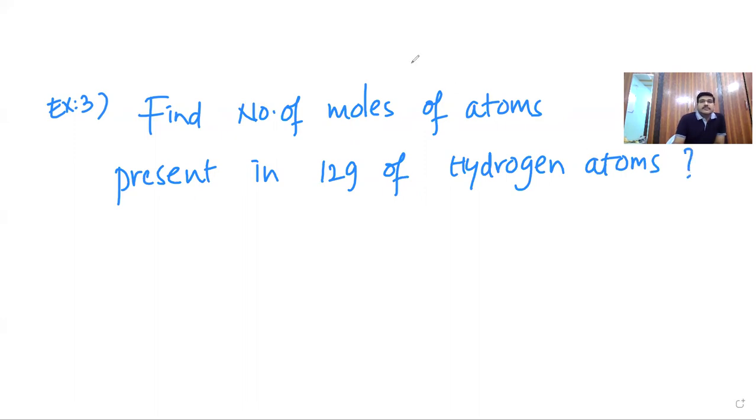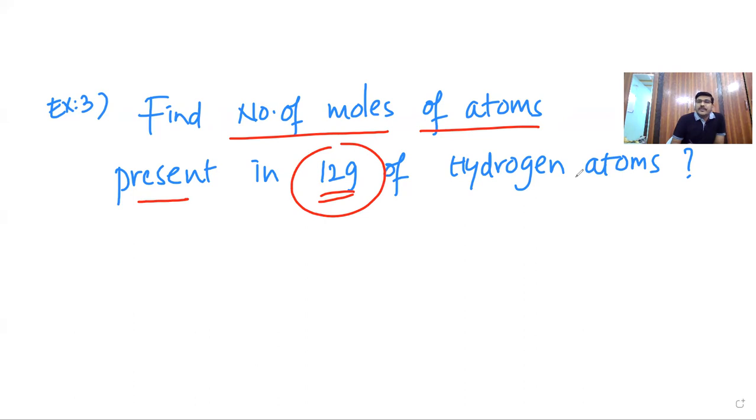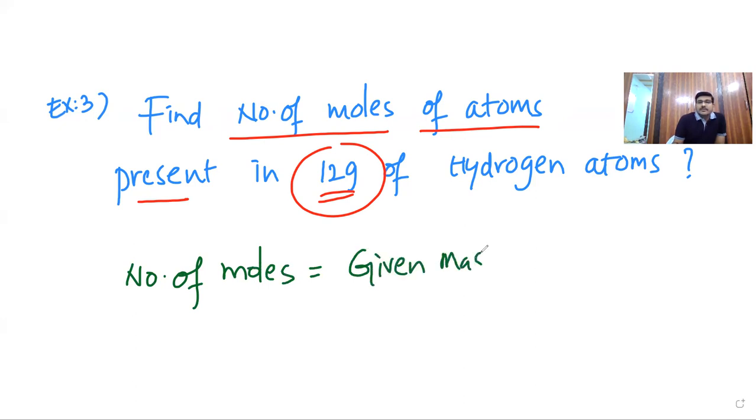That was the question. Number of moles present in 12 grams; given is 12 grams of hydrogen atoms. So simply, if we use the formula, number of moles is equal to given mass by gram atomic mass.